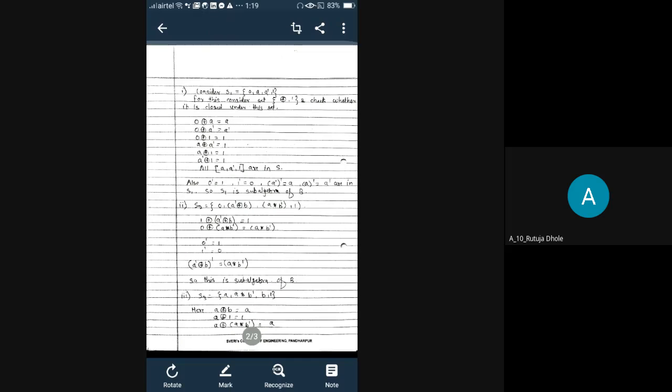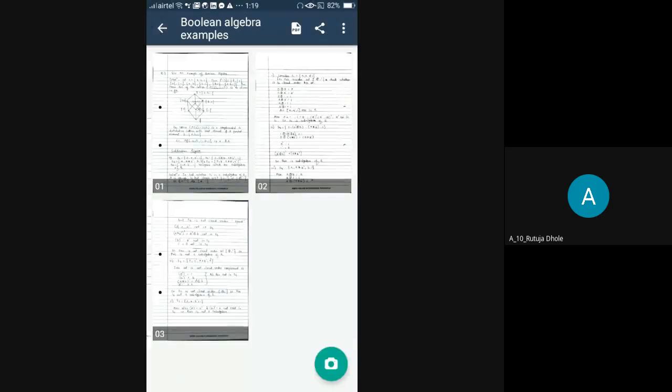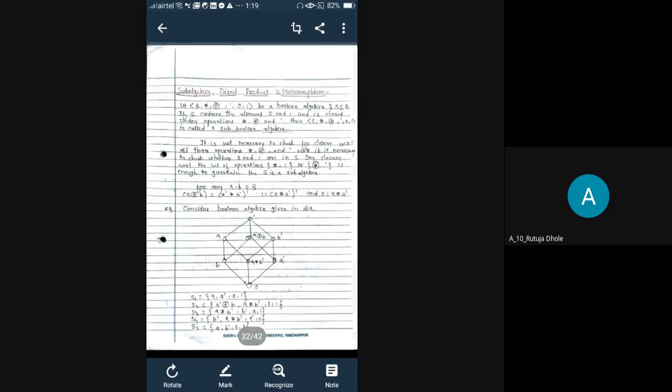Then A XOR A's complement. So look at this diagram. Here A XOR A's complement, so A and A's complement are meeting at point 1. So answer for this one is 1.